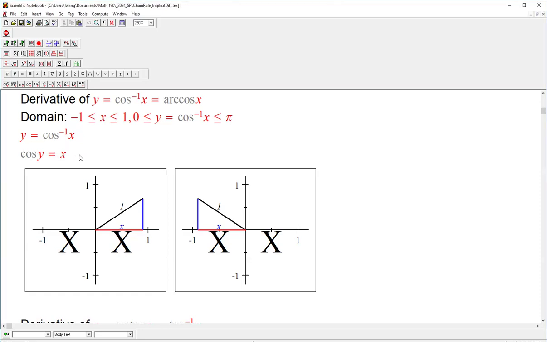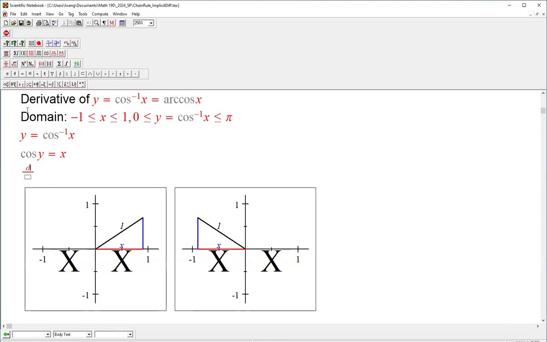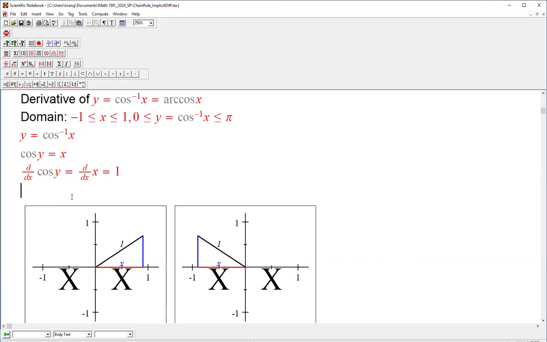We're going to take a derivative on both sides with respect to x. So we take a derivative of cosine y. That equals the derivative with respect to x of x. The latter equals 1. So we're going to apply chain rule one more time.